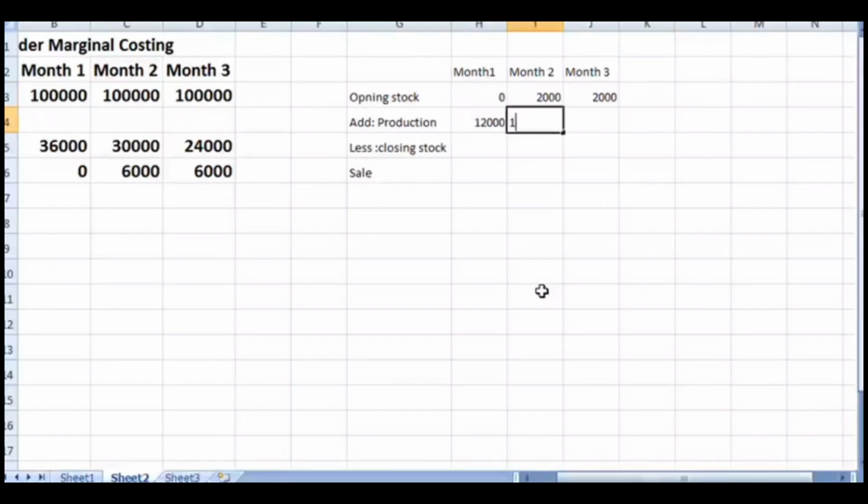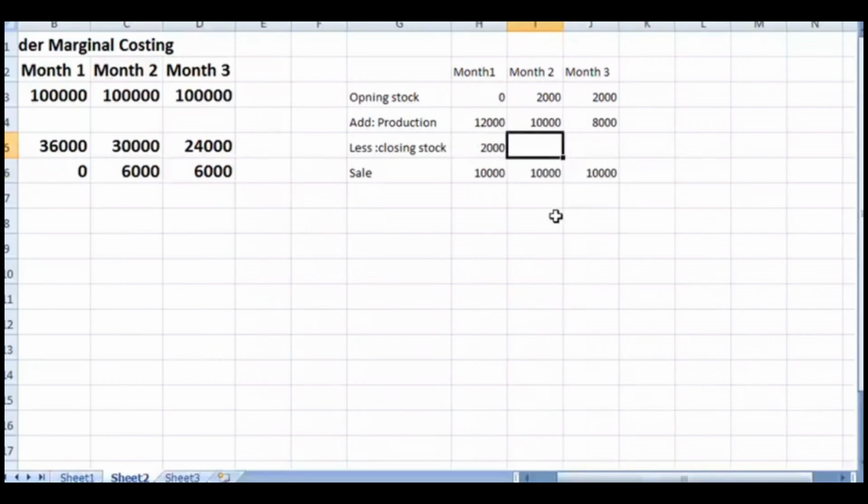This is your production. Closing stock is not given, but sale is given here: 10,000, 10,000 and 10,000. This is the available information. So the missing figure is closing stock. What is closing stock? 2,000.